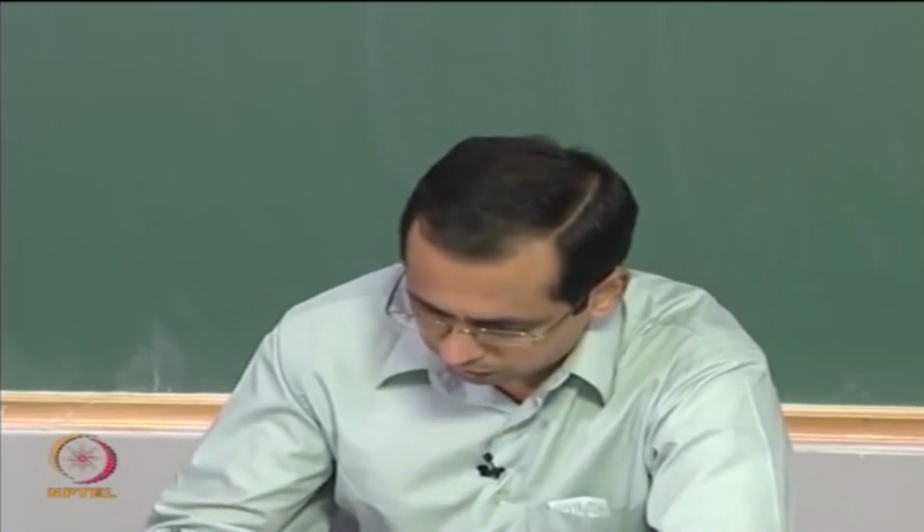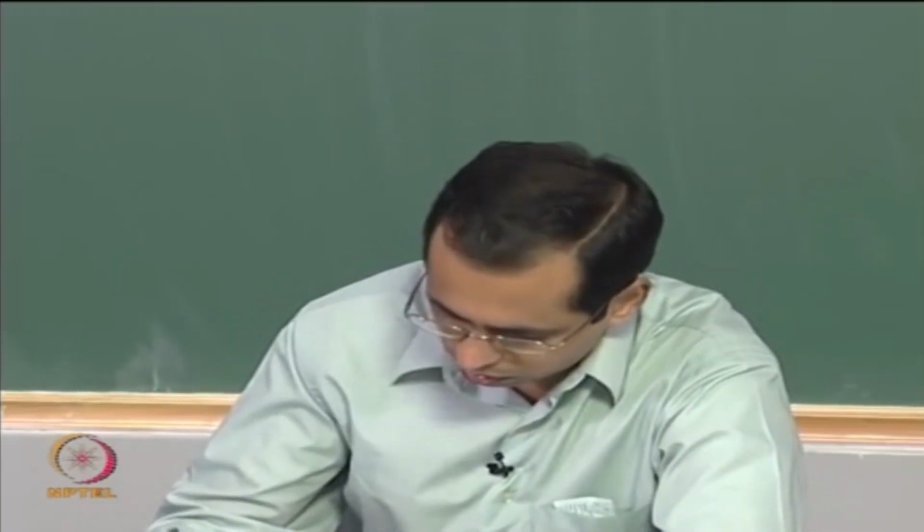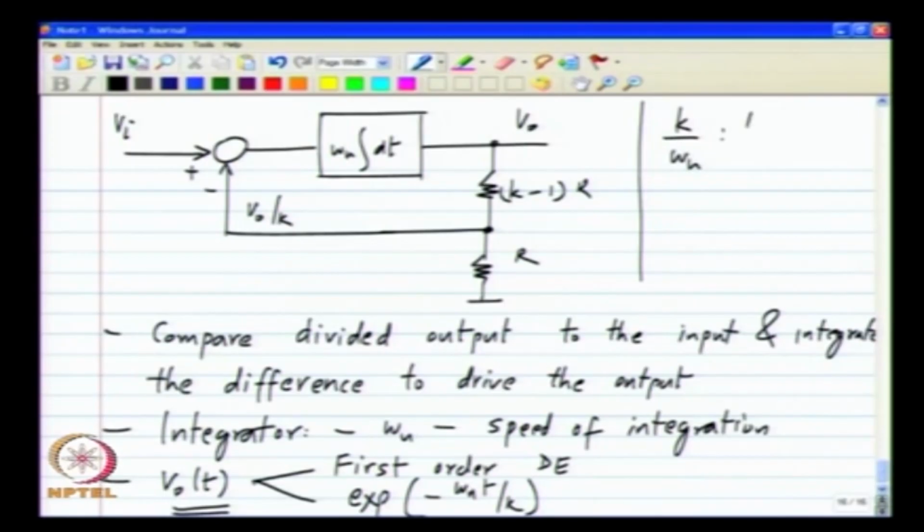This k divided by omega u is like the time constant of the system. And you have to wait for 4.6 time constants to be able to reach 99% of the steady state. Once you do this, the output is close enough to steady state and then you can say that it has reached steady state.